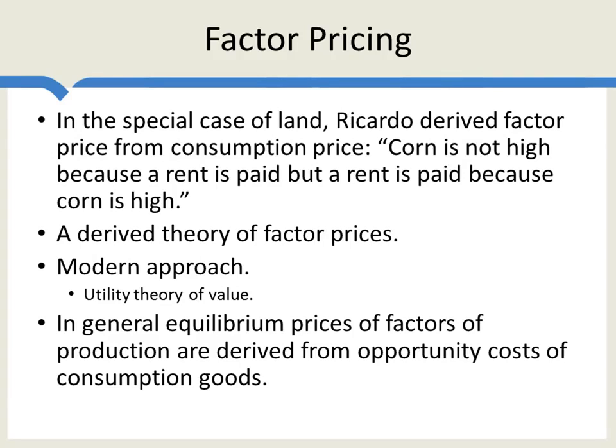Rather, the factors cost a lot because those factors have high value, because withdrawing those factors from an area of the economy would cost us a lot of consumption, a lot of high value consumption. So ultimately, the prices of the factors of production are derived from the opportunity cost of consumption.